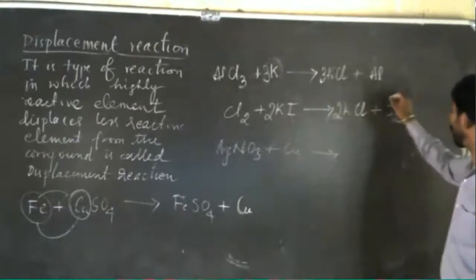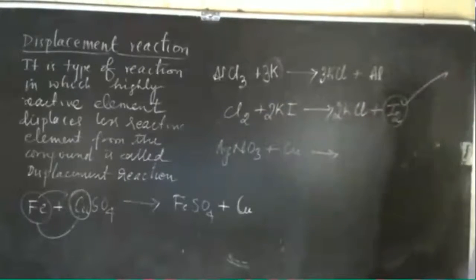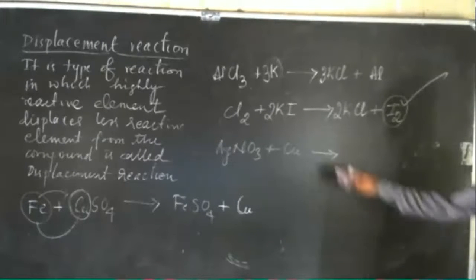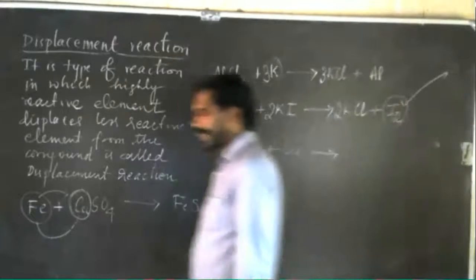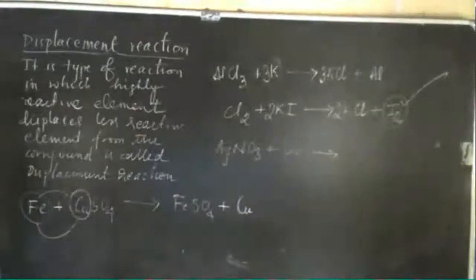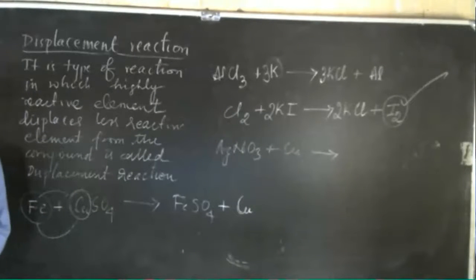That's why I write 2 over here. When I multiply this compound by 2, potassium becomes 2, chlorine becomes 2. When I write 2 over here, potassium becomes 2 and iodine becomes 2. Iodine is already 2 over here. So now the equation is balanced.